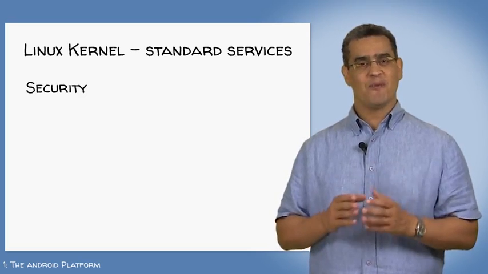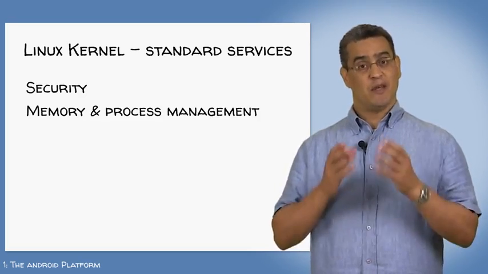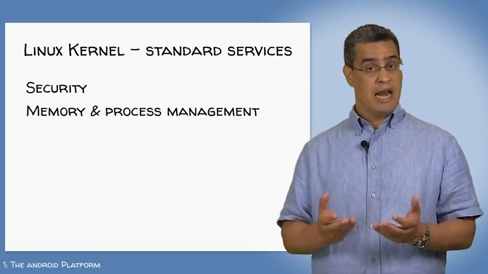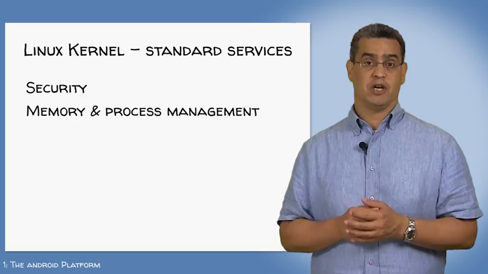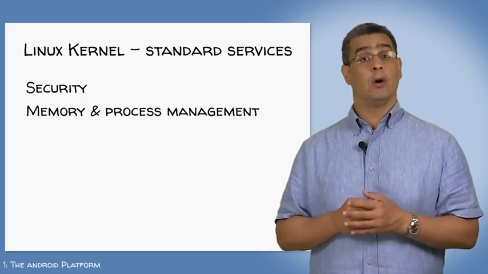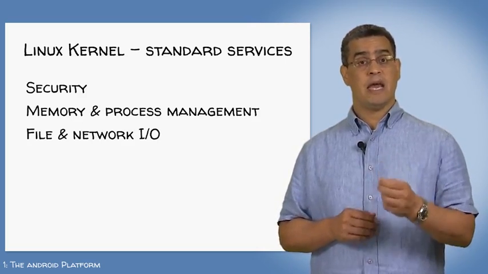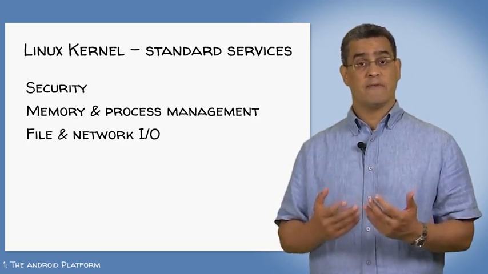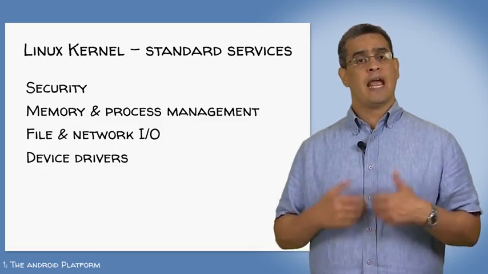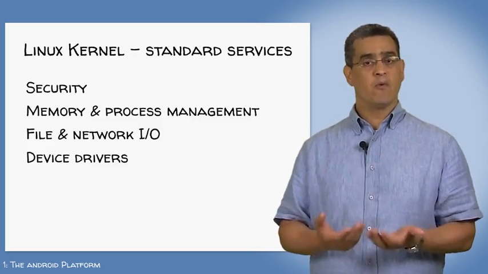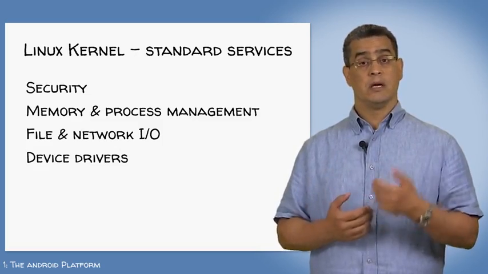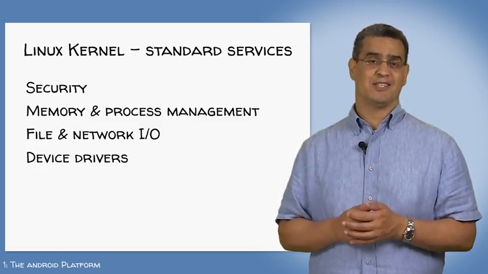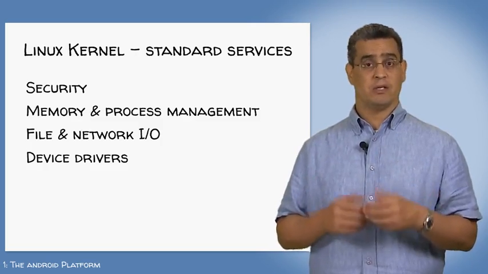It supports memory and process management so that multiple processes can run simultaneously without interfering with each other. It handles low-level details of file and network I/O. And it also allows device drivers to be plugged in so that Android can communicate with a wide range of low-level hardware components that are often coupled to computing devices, things like memory and radios and cameras.